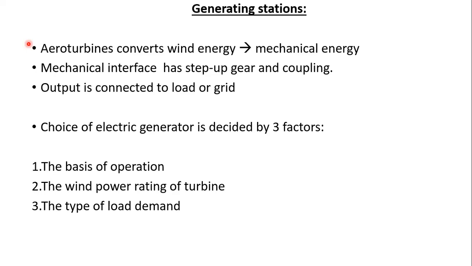Second is the wind power rating of the turbines. Depending on the rating of the turbine, we have to choose. And the third is the type of load demand, for example, battery connections like that.